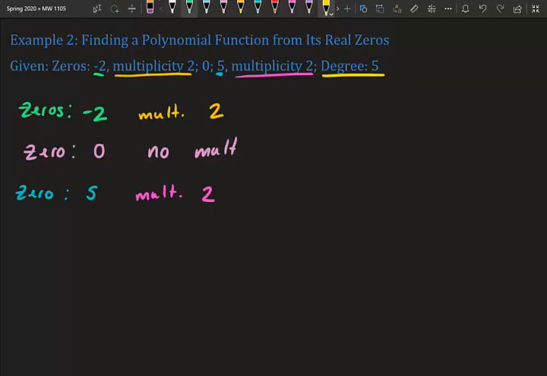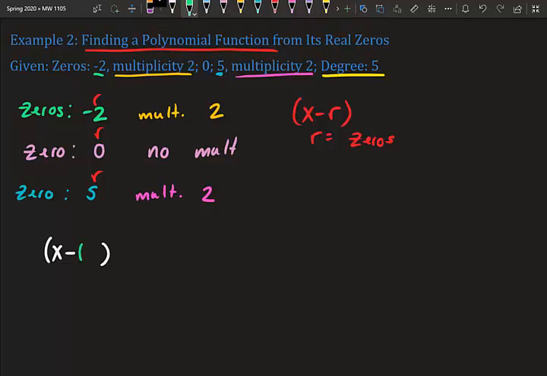All right, because it says to find a polynomial function, we know it's going to be coming from x minus r. The r's are your zeros. So this is an r, that's an r, that's an r, and we're just going to plug them into each of them. We have x minus our first 0 of -2.